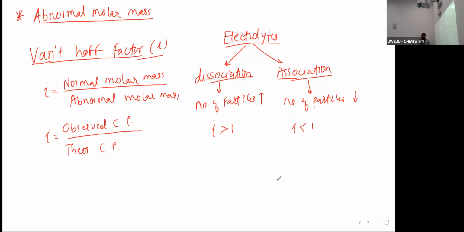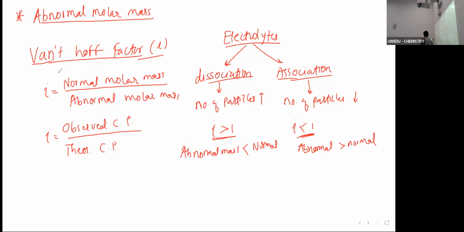Clear? Association and dissociation is clear. Any doubt? So i value is more than 1 here, and here i value is less than 1. So abnormal mass will be less than normal here, and here abnormal will be more than normal.